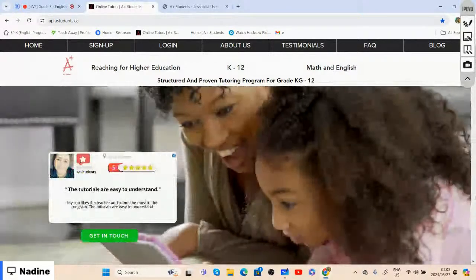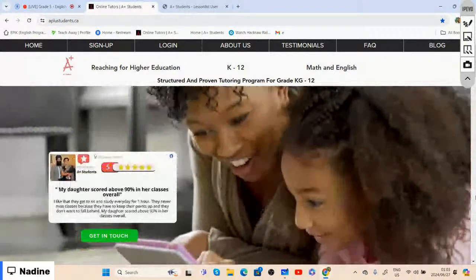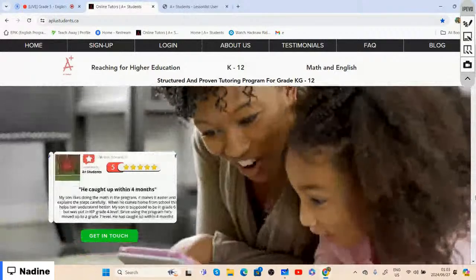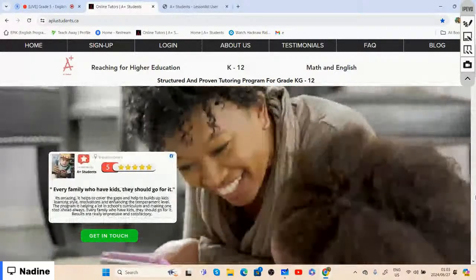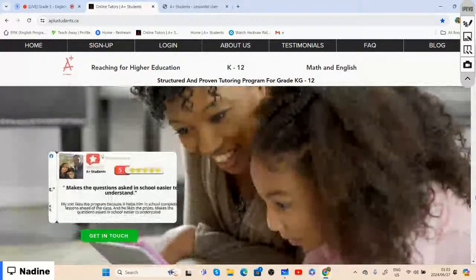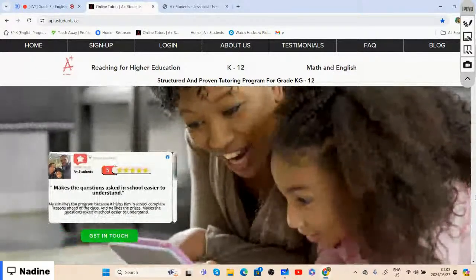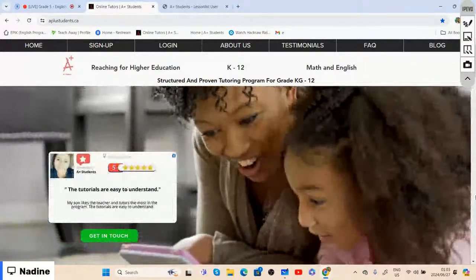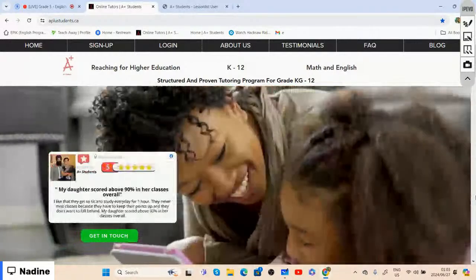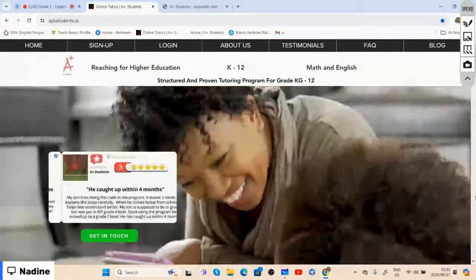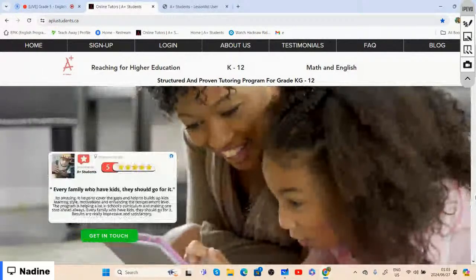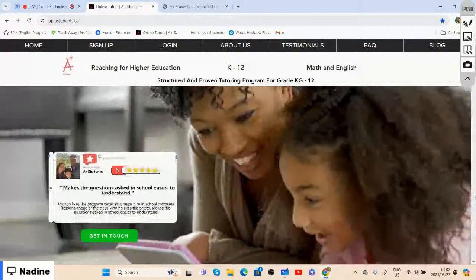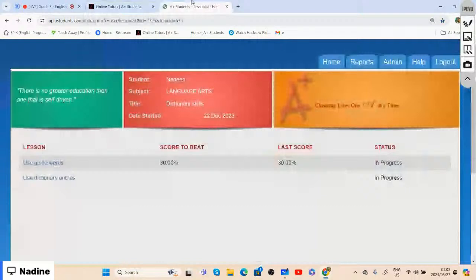Once we've logged on with our username as well as our password, we're going to select the subject of English Language Arts, grade 5. Then we're going to scroll down until we get to the chapter of dictionary skills.